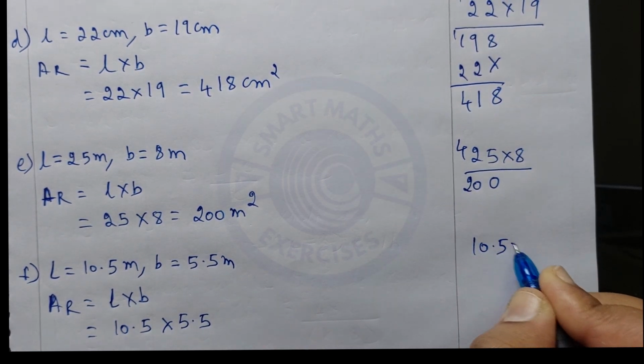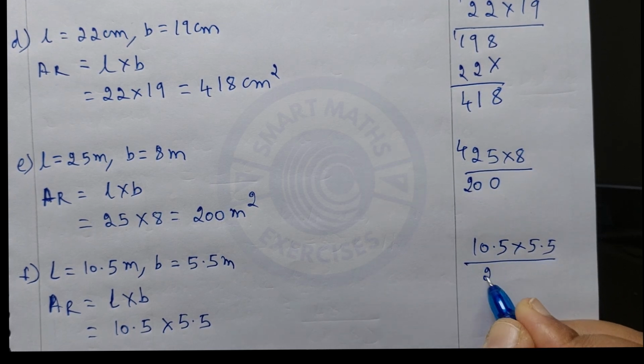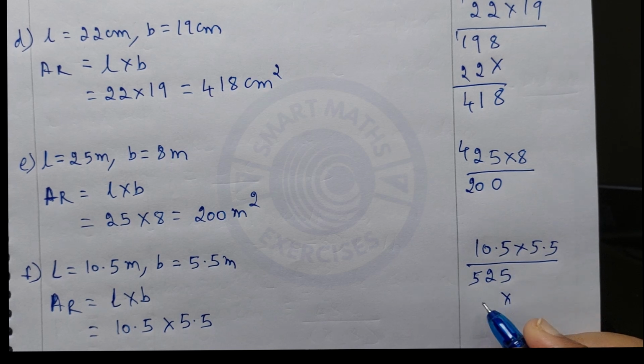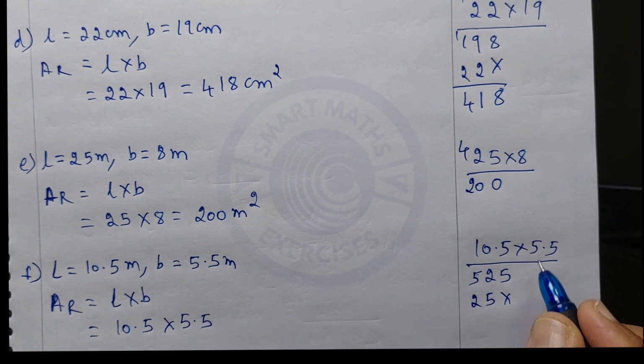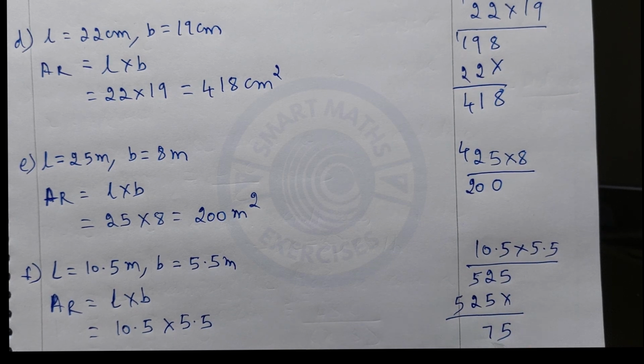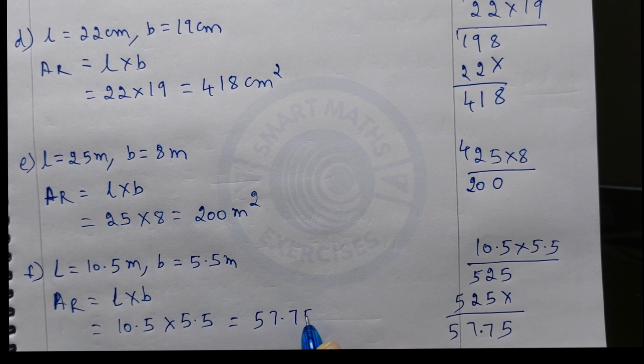Multiply 10.5 into 5.5. 5 5s are 25. 5 1s are 5. 5 plus 2 is 7. Decimal point after 2 digits. So it is 57.75 meter square.